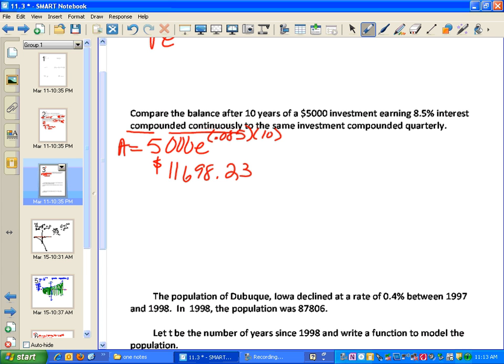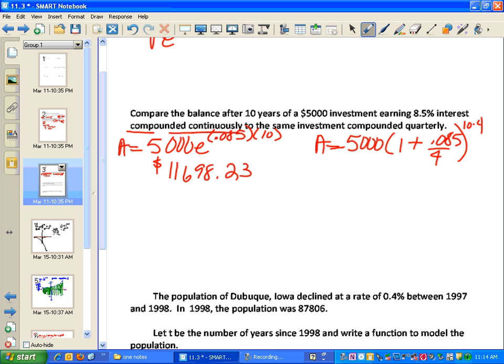Okay, compounded quarterly, A will equal, what am I going to write? 5,000 times, because compounded quarterly is a different formula.